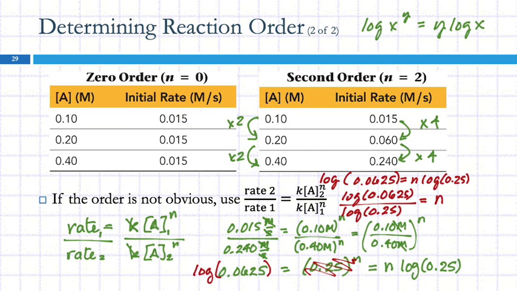It's easier to just use your calculator. 0.0625, log of that, divided by 0.25, log of that, equals 2.